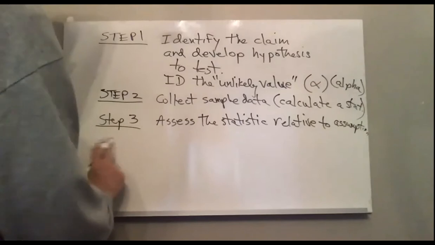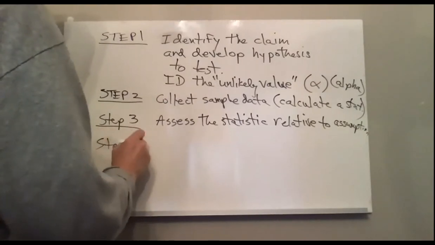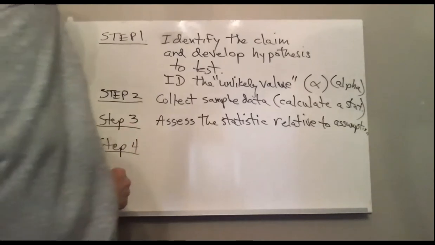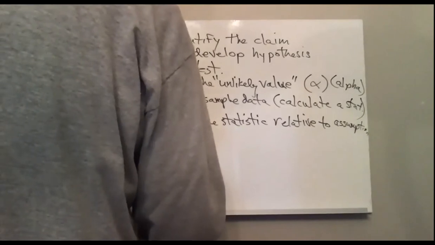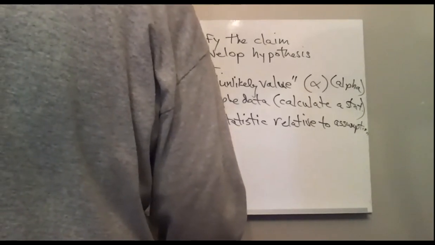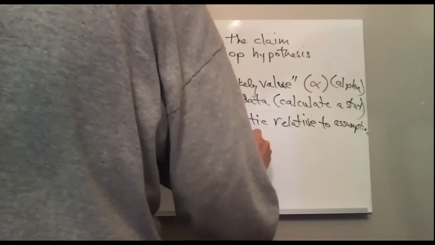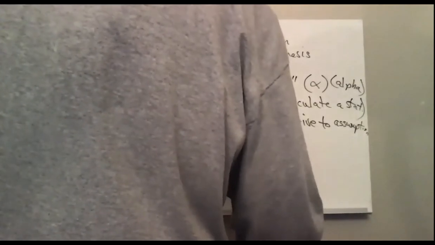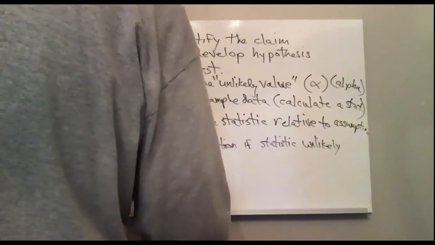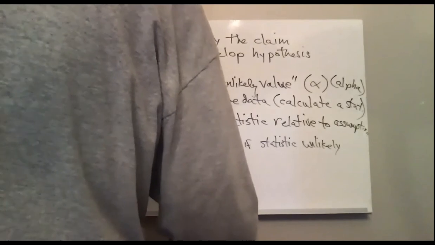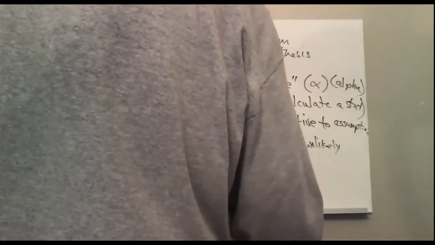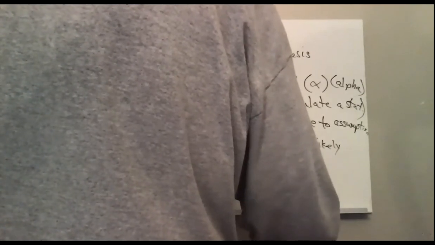Okay, step 4, we'll reject the assumption if the statistic is unlikely, or fail to reject if the statistic is not unlikely.